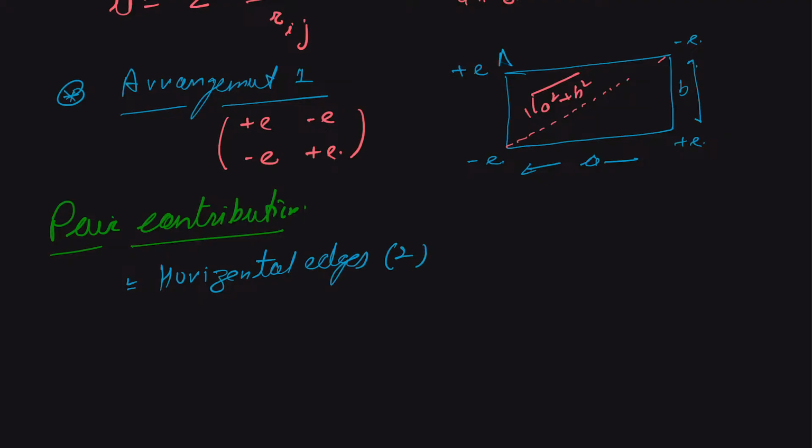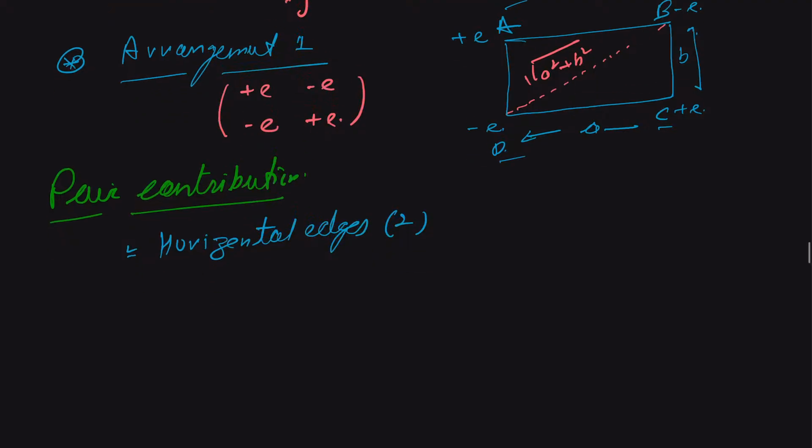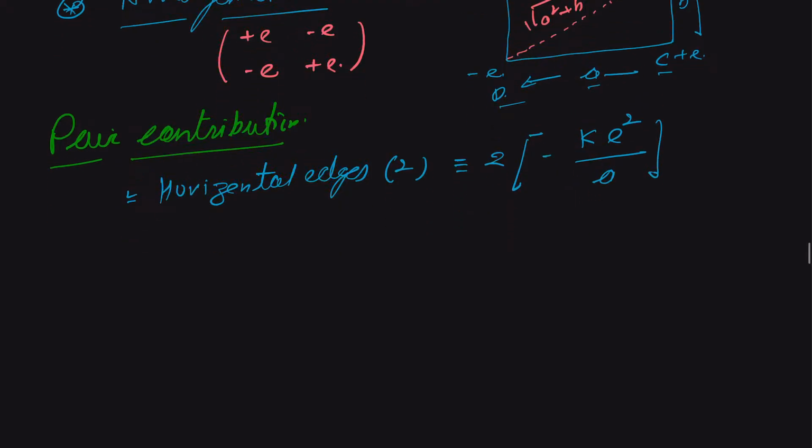Let us call this A, B, C and D. So 2 horizontal edges between A and B and D and C. So we have 2 horizontal edges, and the distance between them is A. Therefore we can write this as 2 times minus K E square upon A. So this is our horizontal edges.